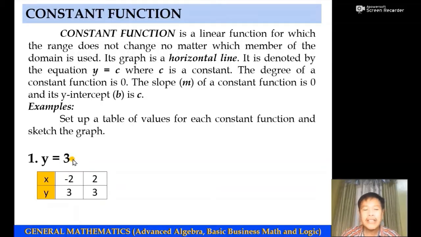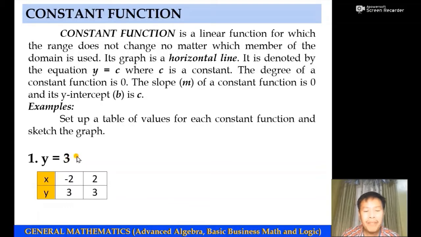But take note, since this is a constant function, when we say constant function, there is no variable x being seen. Although there is a variable x here, the exponent is 0. As I have said, any number with an exponent of 0, except 0, is equal to 1. 1 times 3 is equal to 3.